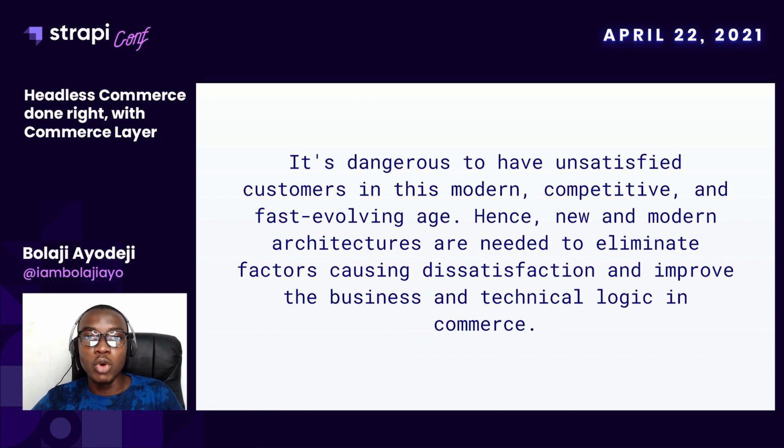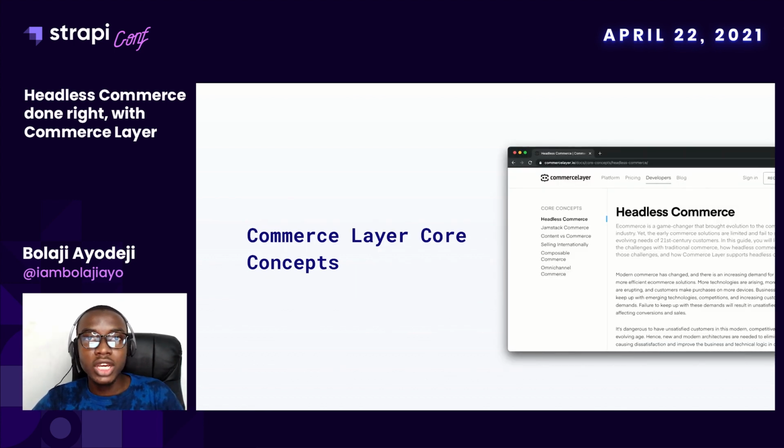And if you'd like to know more about Headless Commerce, please check out our comprehensive Headless Commerce guide, which will take you through most of what we discussed today in detail and how Commerce Layer can help you achieve your e-commerce needs. You can also check out our core concepts, which covers most of the core concepts of headless commerce that we care about at Commerce Layer.